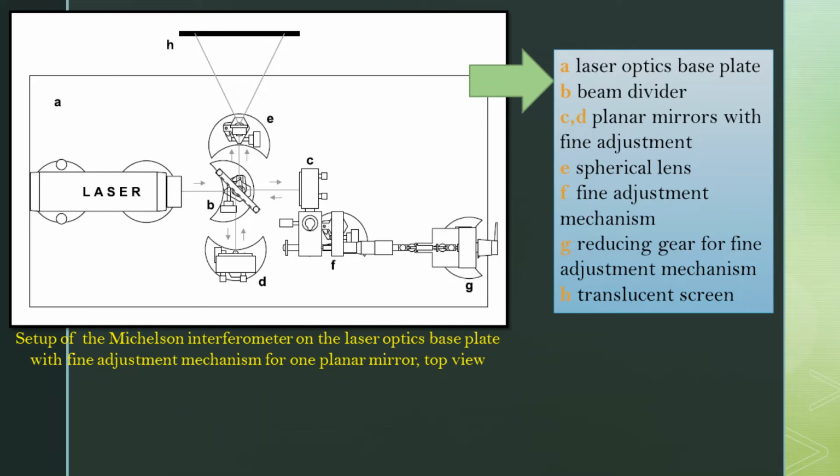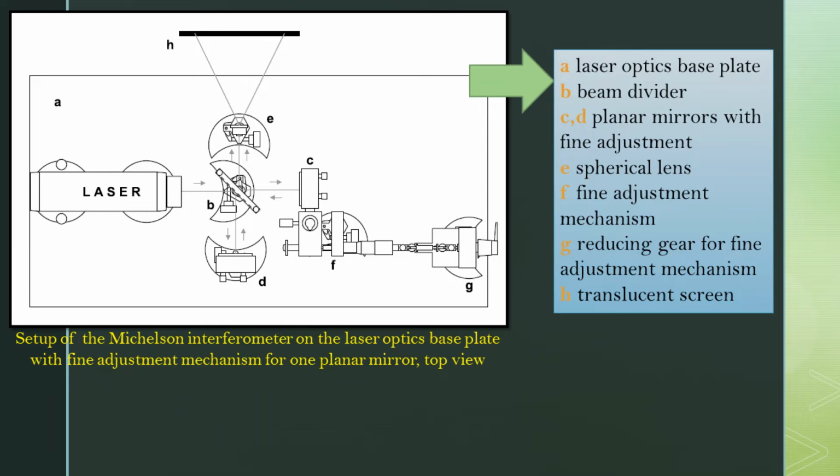Suppose a hundred rotations will make a single digit translation in F. In this way we can get a small change in the position of the mirror. And H is the screen where we can see the interference pattern.